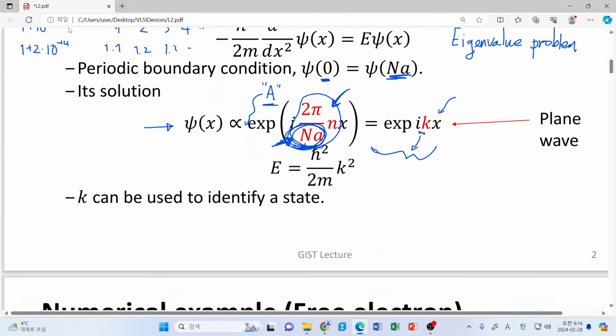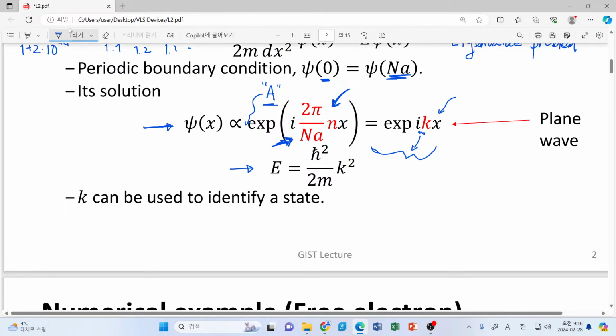Okay, so this is the wave function. Every wave function has its corresponding energy, and you know that in this case energy is given by this form, reduced Planck constant h-bar squared divided by 2m.